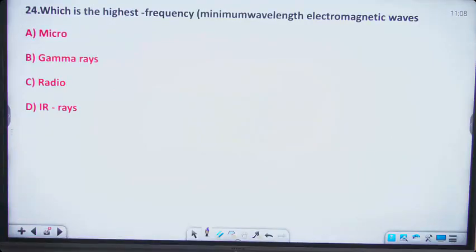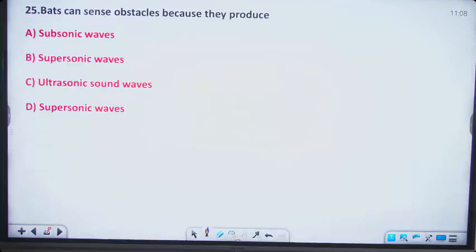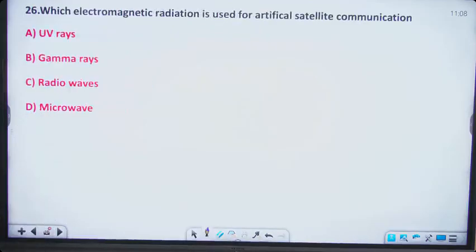Gamma rays have minimum wavelength or maximum frequency. The bats can sense obstacles because they produce ultrasonic sounds. Which electromagnetic radiation is used for artificial satellite communication? Radio waves.